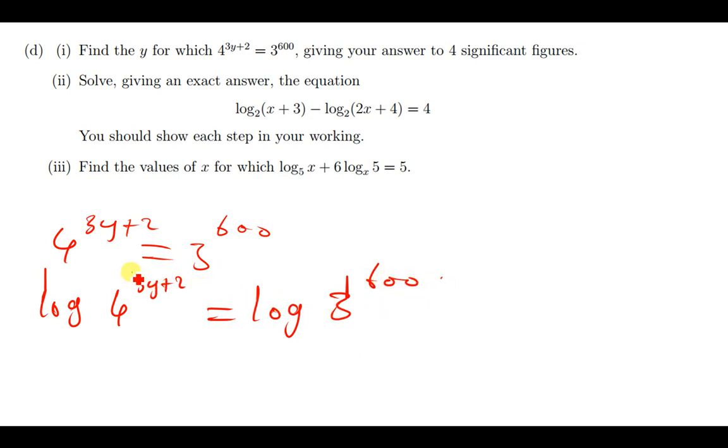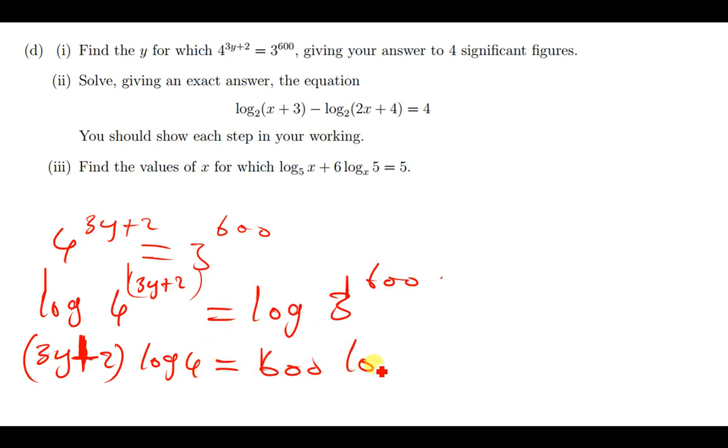So I'm going to drop down this. I'm going to have 3y plus 2 in brackets, and then log 4 is equal to 600. When this 600 drops, I'm going to have log 3. So I'm going to divide on both sides by log 4.